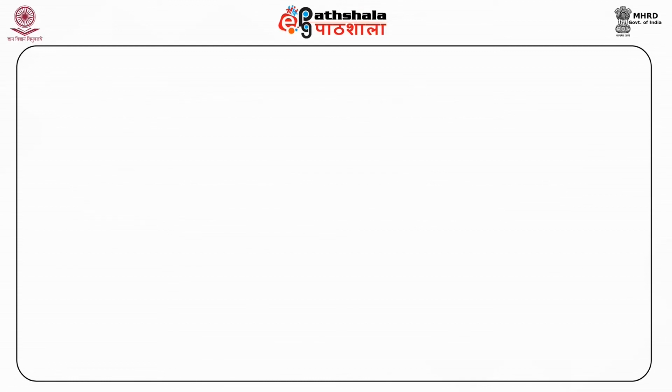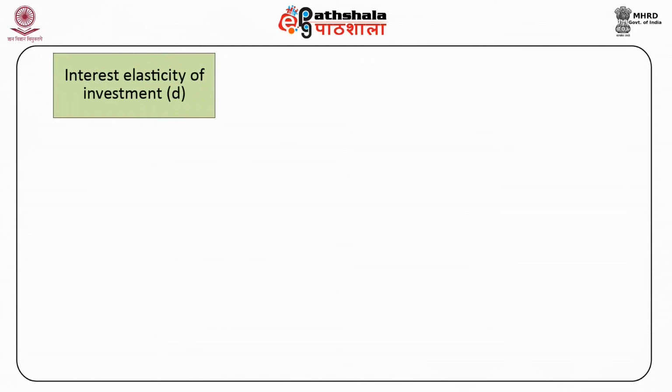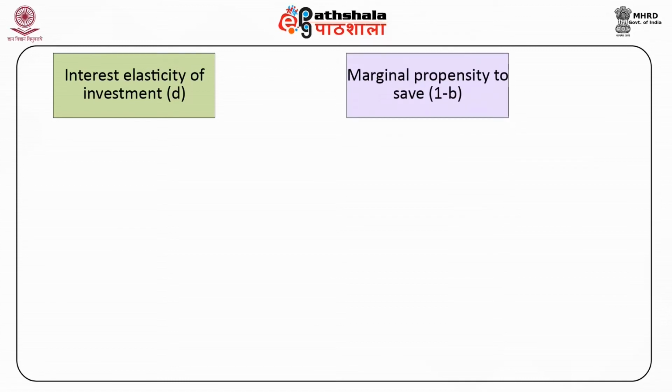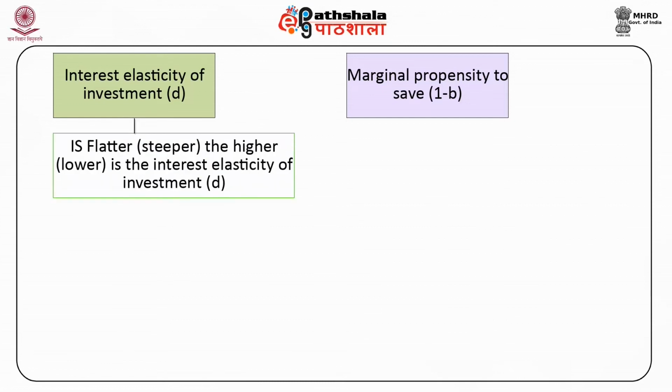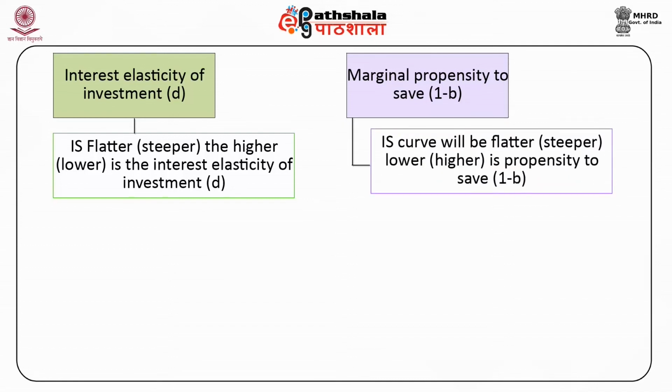The slope of the IS curve depends on two things: the interest elasticity of investment d and the marginal propensity to save 1 - b. The IS curve will be flatter or steeper the higher or lower is the interest elasticity of investment d, and the lower or higher is the propensity to save 1 - b.